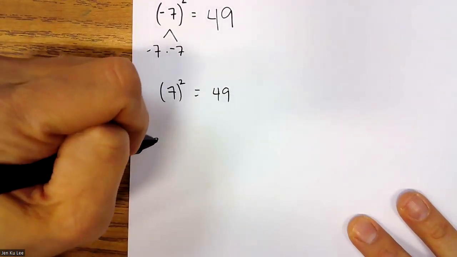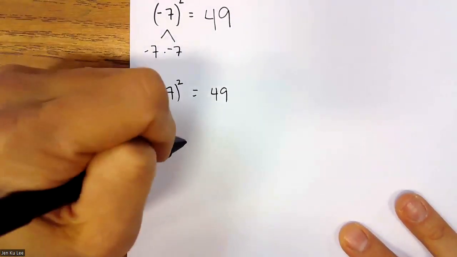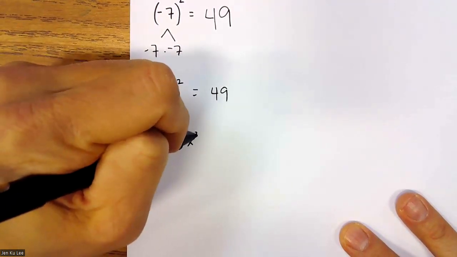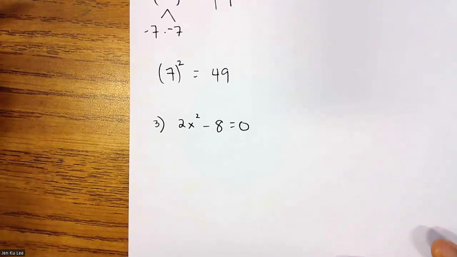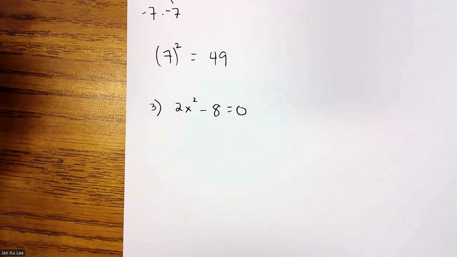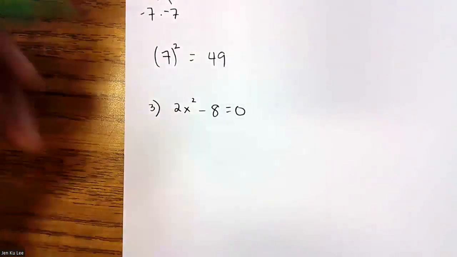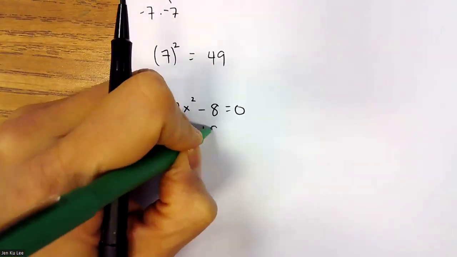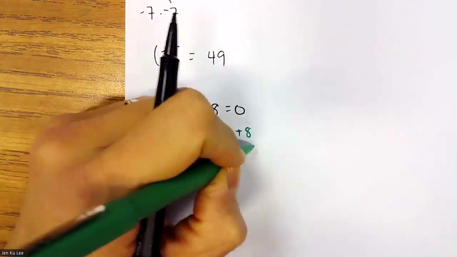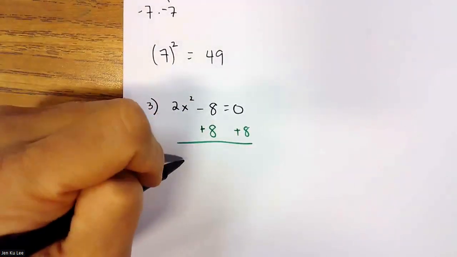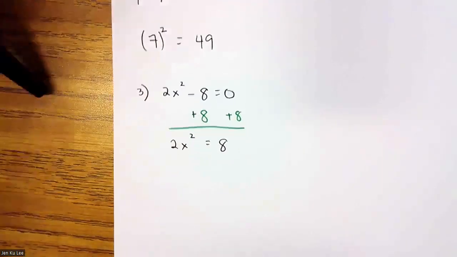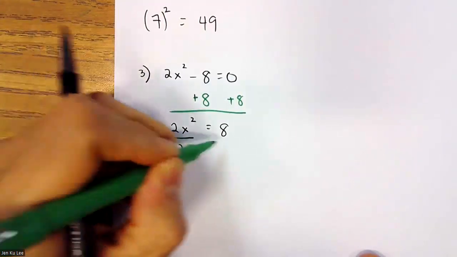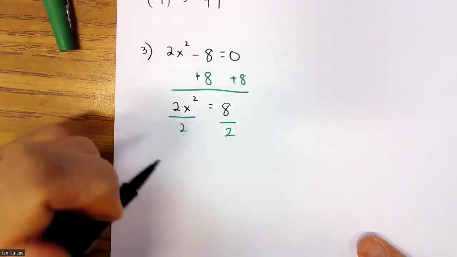All right. Let's go with another example. 2x squared minus 8 equals 0. Here I'm going to try and isolate my x squared by adding 8 first. So it's 2x squared equals 8. And then dividing by 2 on both sides.